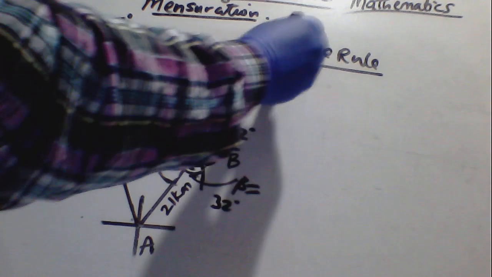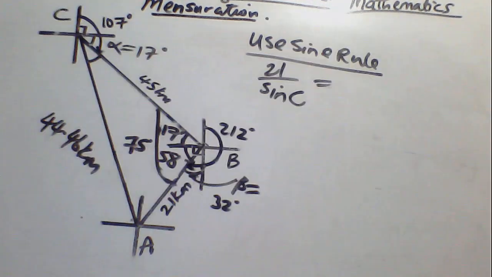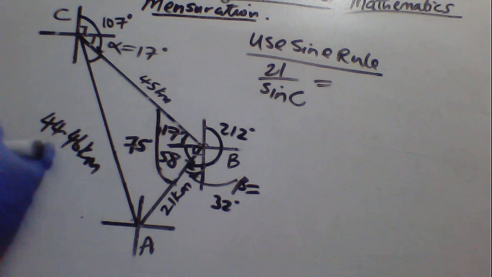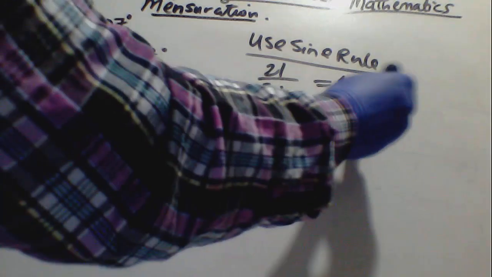We have 21 divided by sine C is equals to this side 44.46 divided by angle sine what? 75.